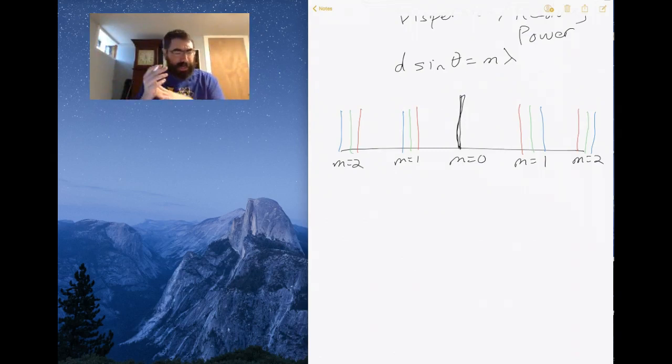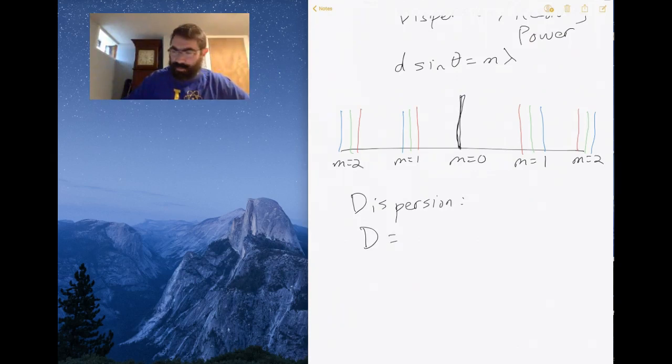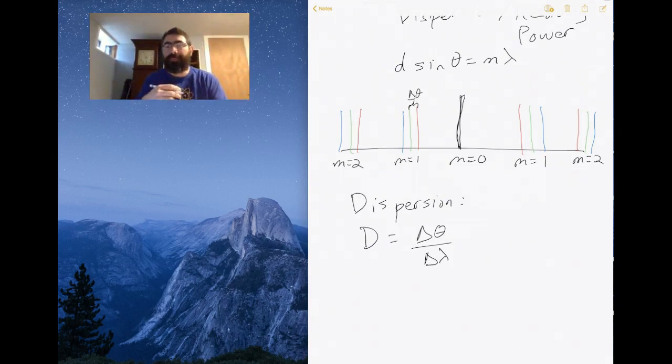So to try and calculate how these different colored wavelengths are dispersed, the dispersion is D. We can think of it as how far we're spreading them out, d theta, for the difference in the wavelengths. So we're measuring, say, in this case, delta theta, and we can measure that between a wavelength of red and a wavelength of green.